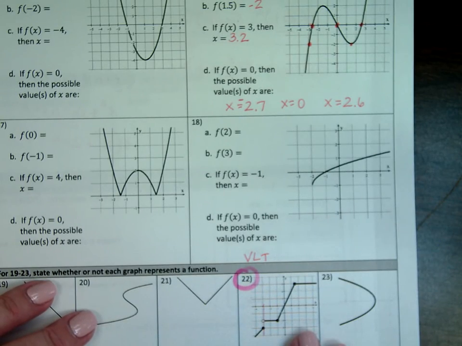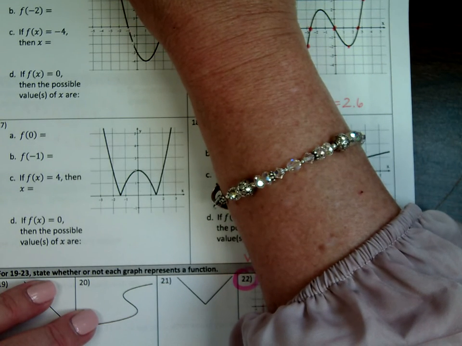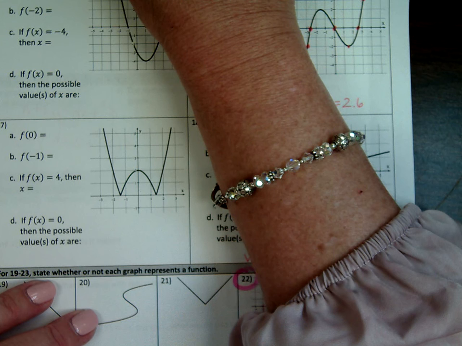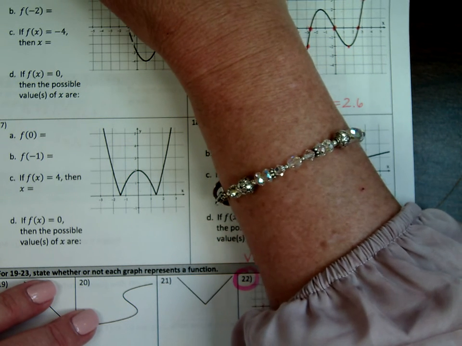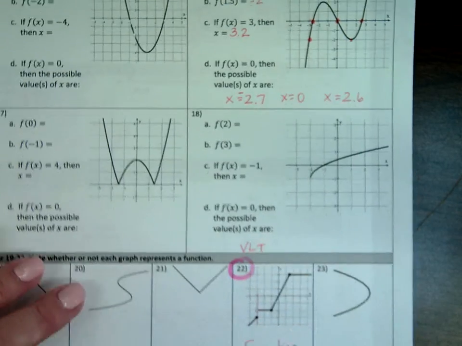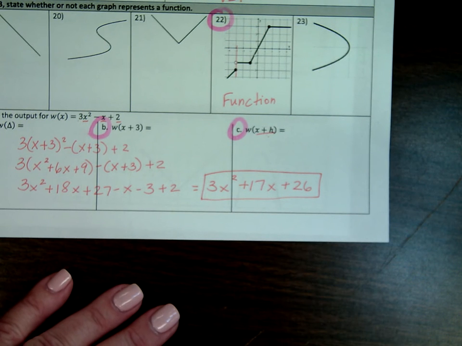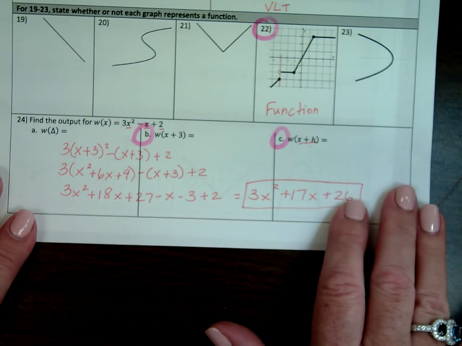We ready for an answer? All right, here's the hope. The hope is that you got 3x squared plus 17x plus 26. Are there thumbs up in your hood? Thumbs up in the hood.